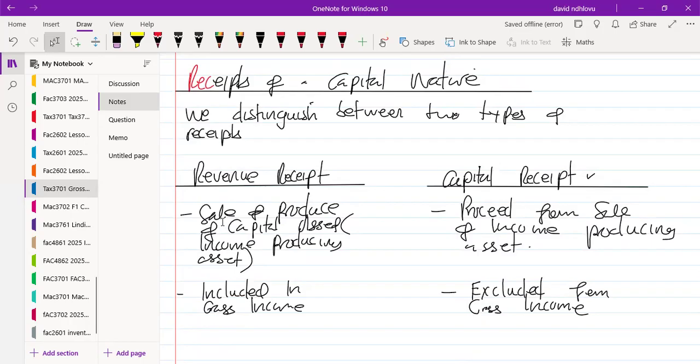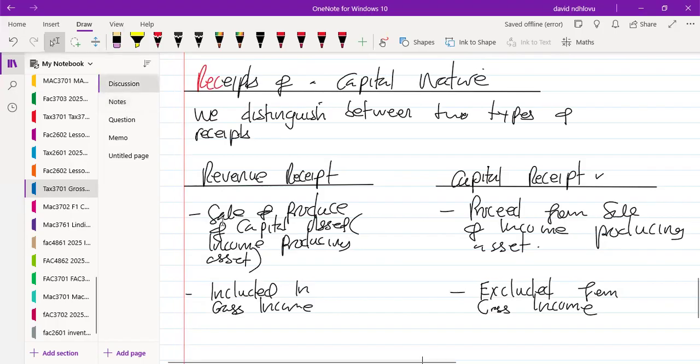You see, in accounting, when you sell your trading stock for 1 million, it goes straight into your what? Revenue. But when you sell a motor vehicle and you receive 100,000, you don't put the whole 100,000 in income. What you put in income is profit on the sale of assets. Are we aware of that?